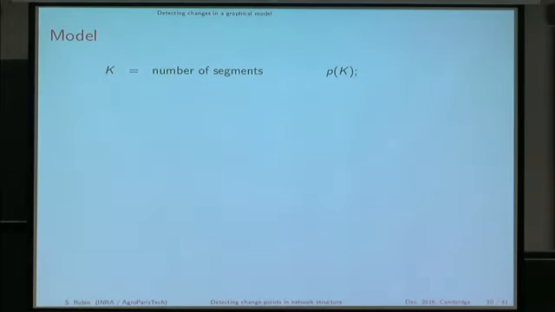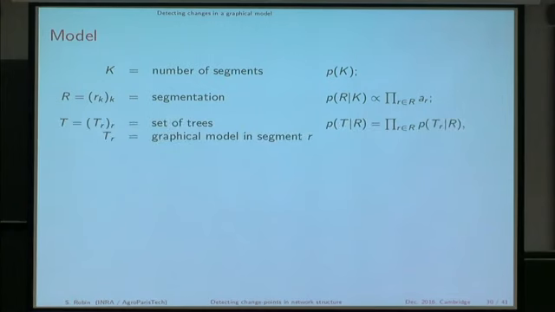If I want to be more specific about the model, the first layer is the number of segments I have. Then you draw the segmentation, from the set of segmentations into k pieces, and I ask my prior distribution for the segmentation to factorize along segments. Then for each segment, I draw a tree independently, so each tree is drawn independently in each segment.